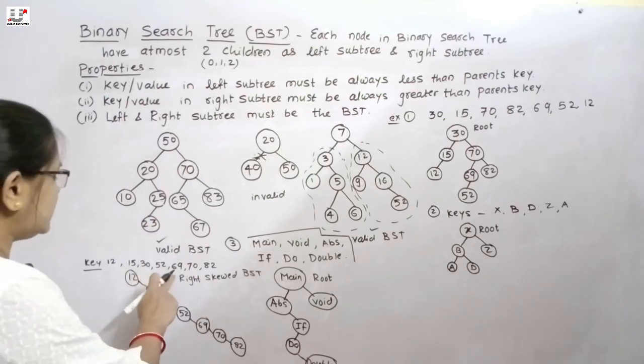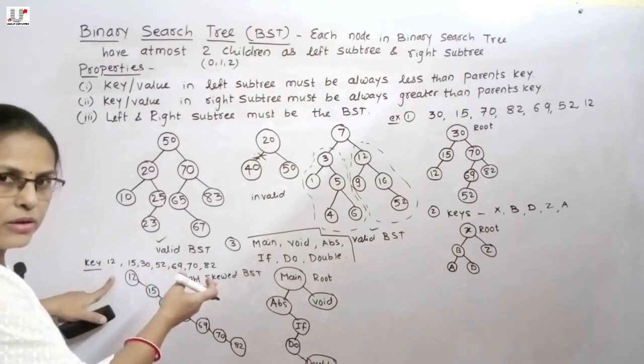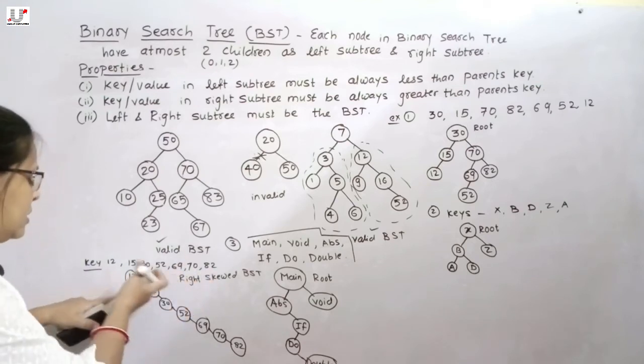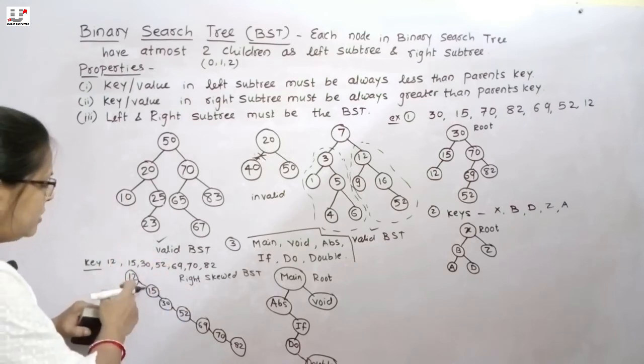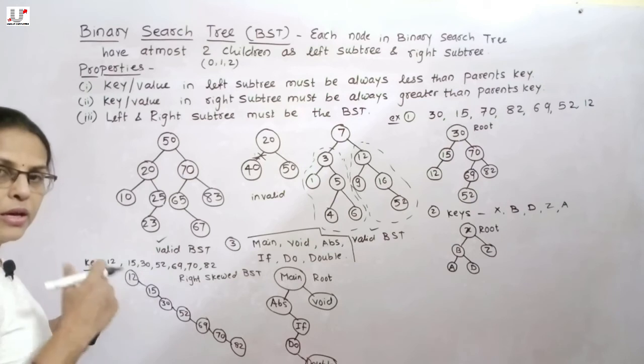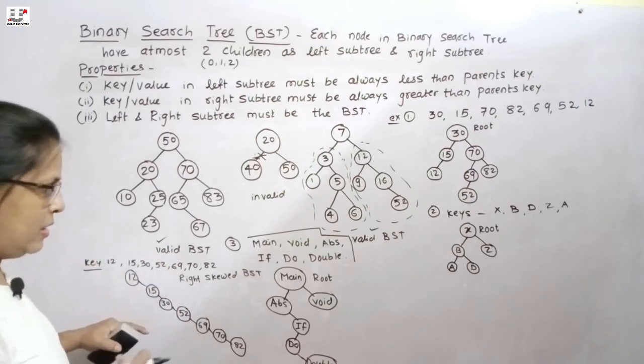Then if these elements are given in descending order, then after adding all the elements in descending order in a binary search tree, it generates a left skewed binary tree.